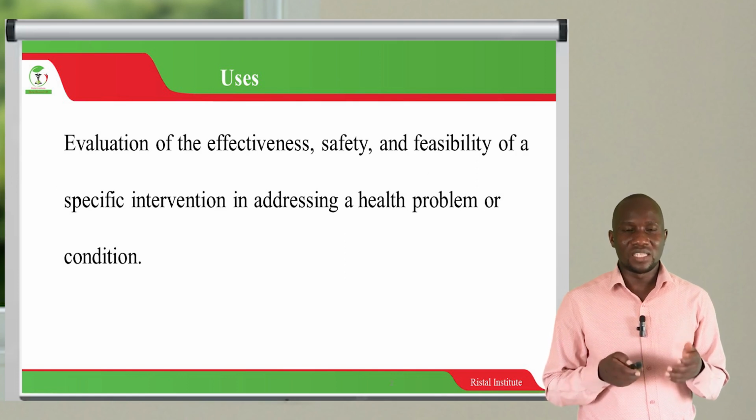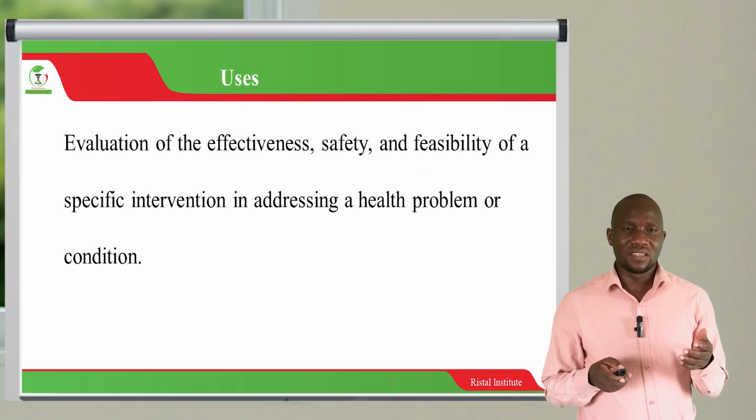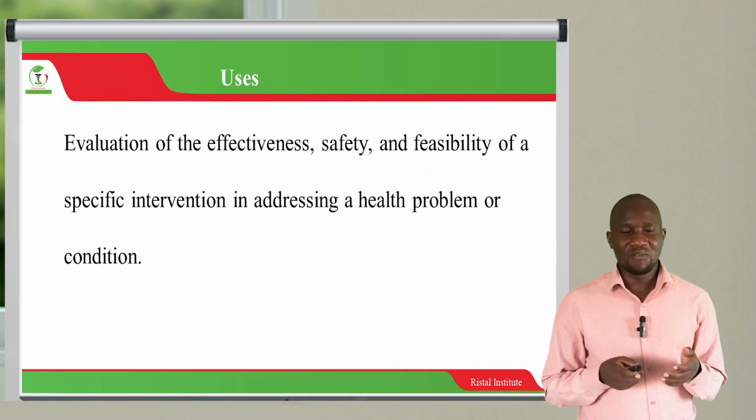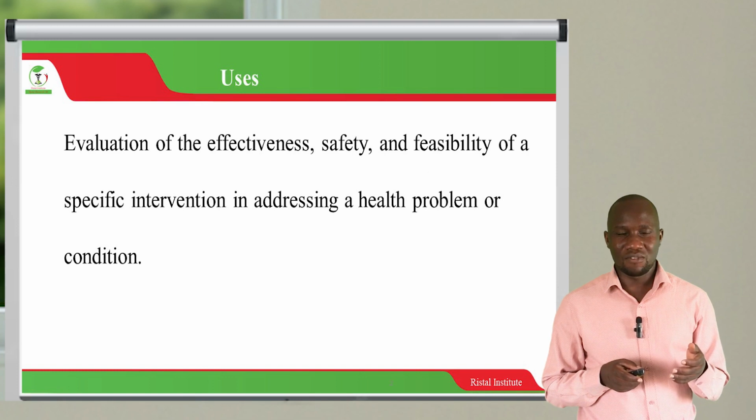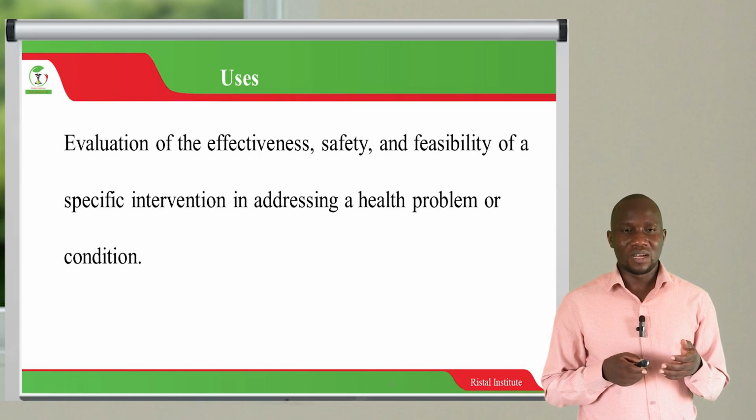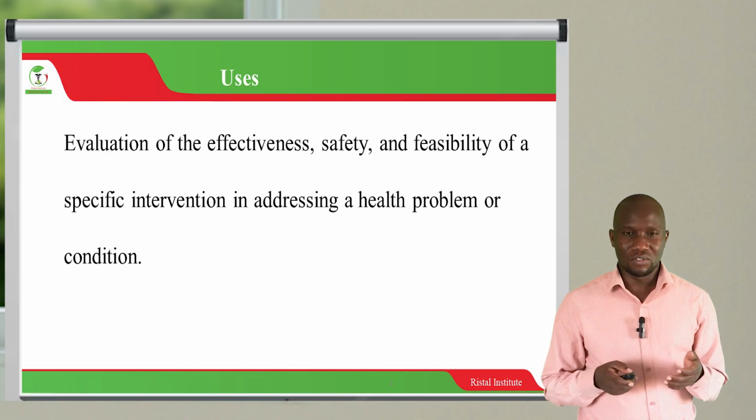The interventional studies allow us to make a comparison between two interventions, which can either be drugs, vaccines, or a population-based intervention, and see whether that intervention actually works, whether it is more safe, is it more effective, is it feasible to use that intervention to address a particular health problem.